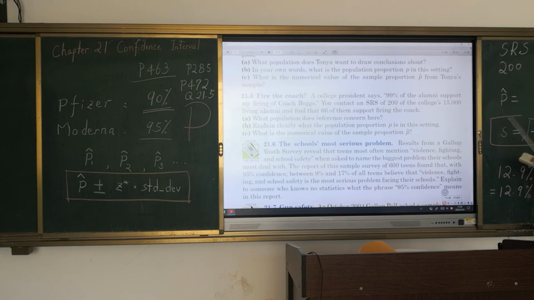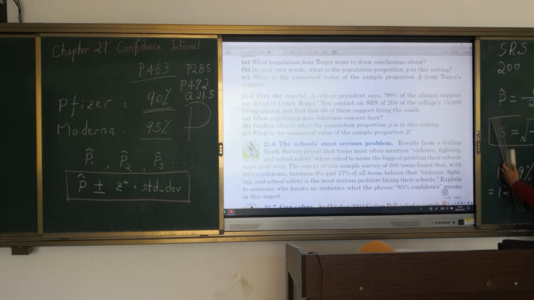What's the p hat? What's the proportion? 66 divided by 200. Okay? This is the easy pattern. 33%.